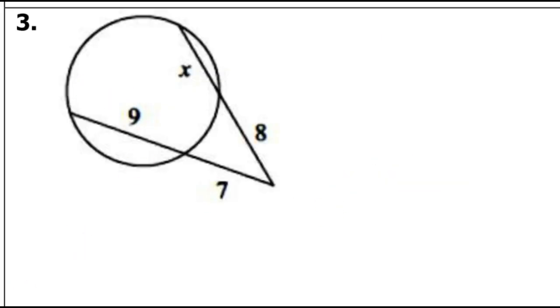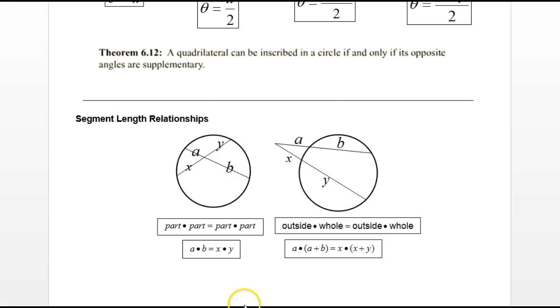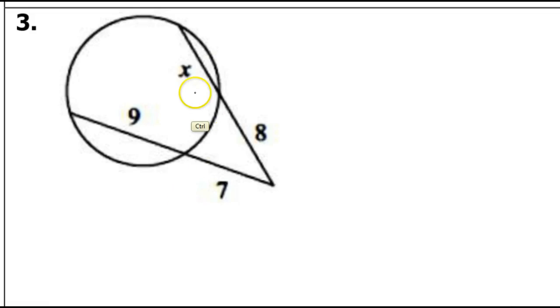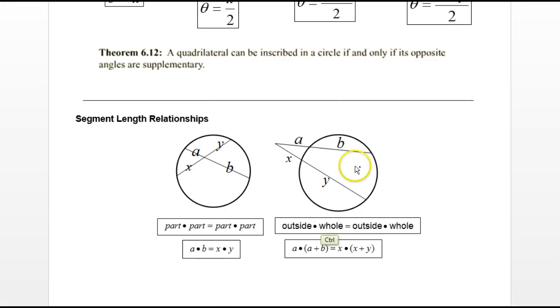Now, problem number 3 involves one of those formulas that we just have to memorize. All right, we're talking about segments, not arcs. So I'm dealing with one of these 2 formulas. And you notice that the segments are reaching and meeting outside of the circle. So that means that we're dealing with this picture.